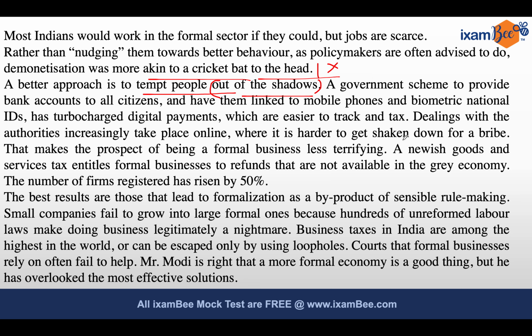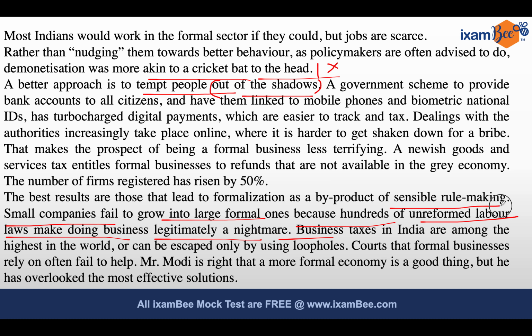If you move down, you will see that here we also have some very important points. This is also important because apart from formalizing the economy, we should also focus on sensible rule making.